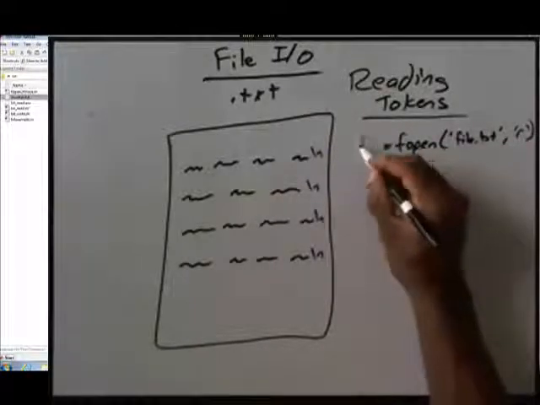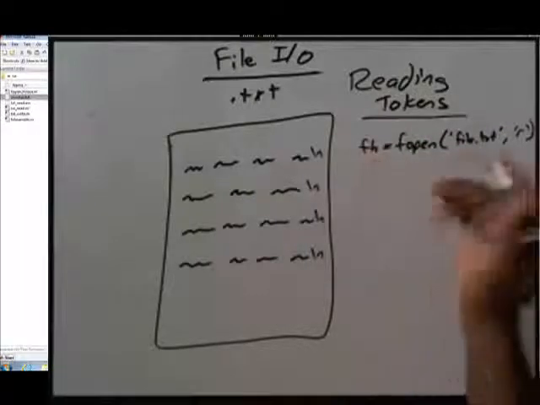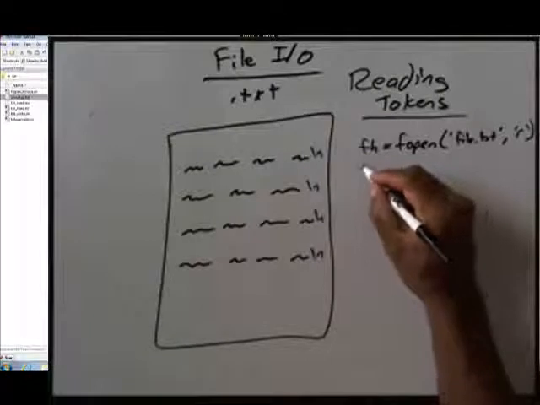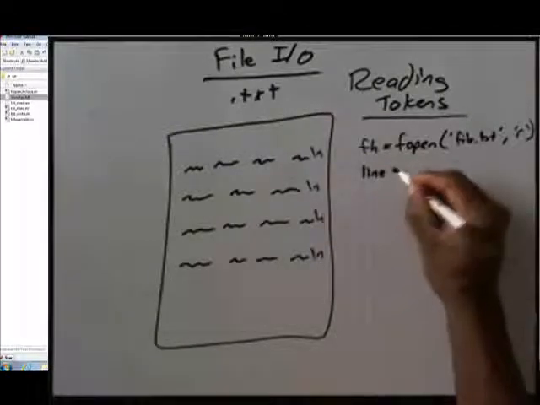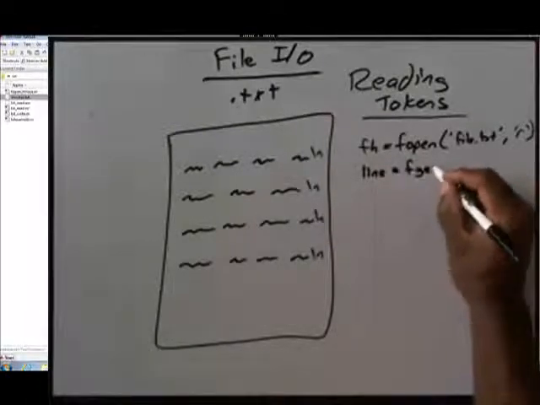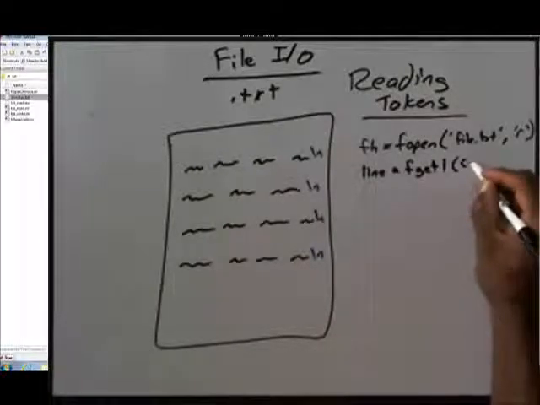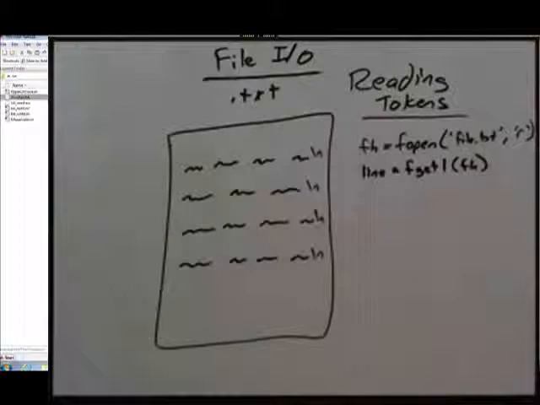We're going to get a file handle for that, like we did last time. Then the first thing we have to do before we get the tokens is get the line. So the line is going to equal fgetl on the file handle. That's what we just did in the previous video.